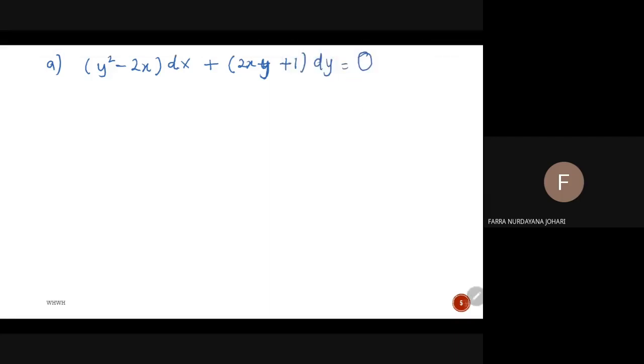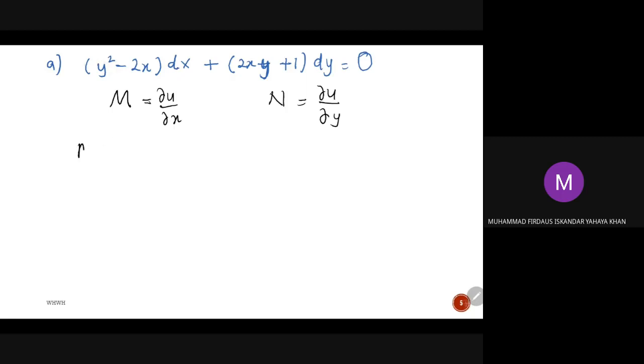First of all, you need to identify which one is M. You need to identify the term for M and the term for N, because we introduced earlier that M is del U over del X and N is del U over del Y. So for this question, what is our M?